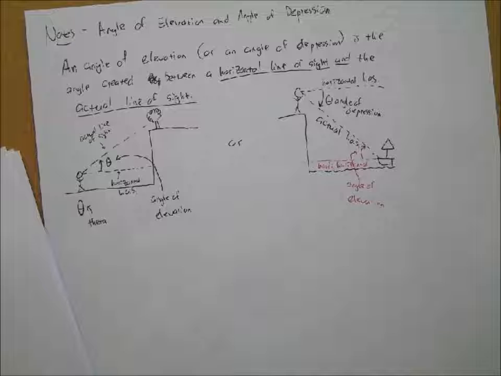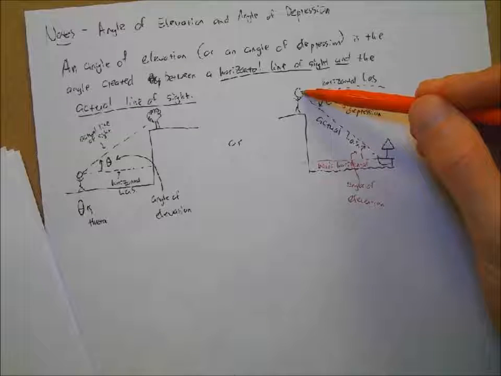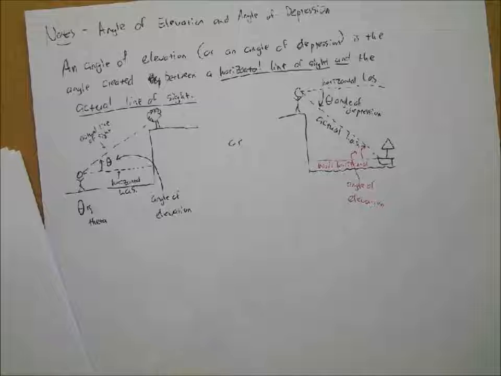How do you think the angle of elevation for the boat to observe the human compares with the human's angle of depression to observe the boat? They'll be the same. Yeah, they should be equal to one another. In fact, they will be.